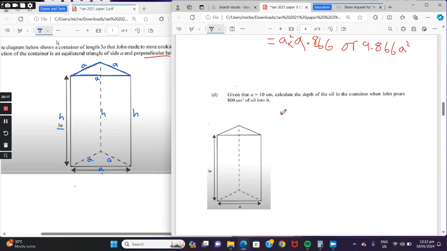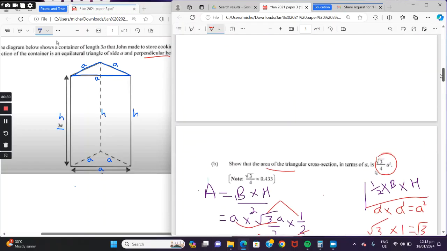So that's volume, because volume tells you how much in terms of a liquid a shape could hold. So volume would be the area of the cross section by the length or the height, right? So we found the area before.